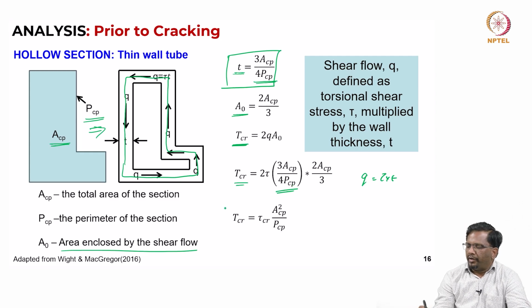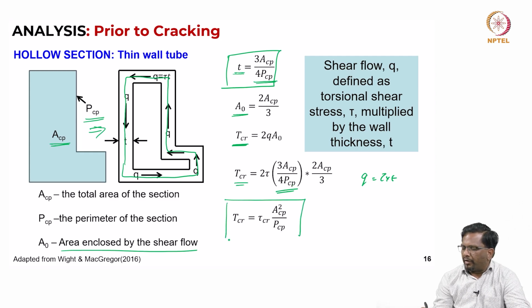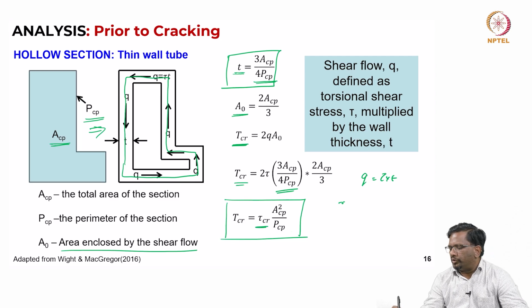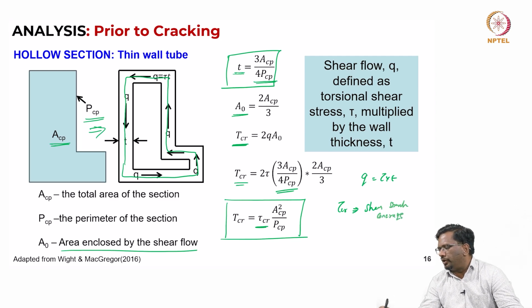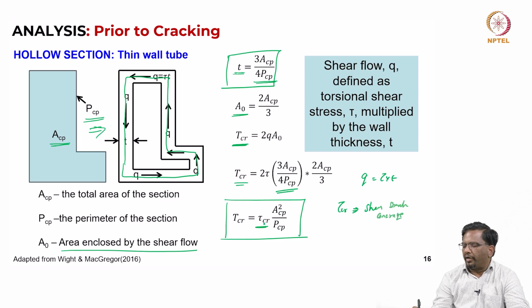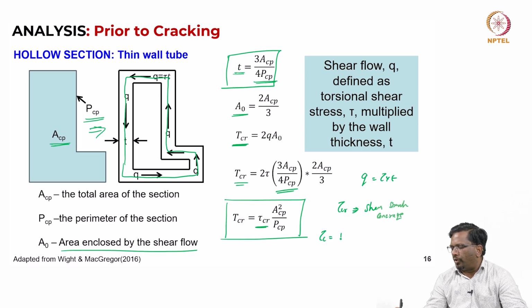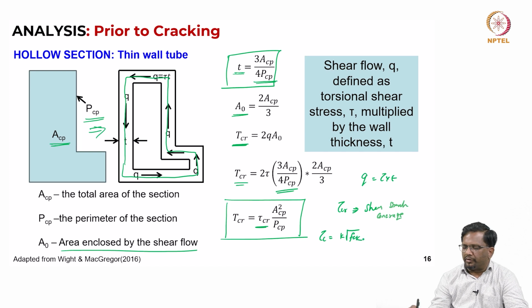So, finally, we can find cracking torque if I assume some tau CR, which is a shear strength of concrete, okay. So, if I take the shear strength of the concrete, then I can plug in that value. Typically tau CR is some constant times square root of FCK. So, if I assume that value, and if I assume the thickness for the hollow section, then I can find out the cracking torsional capacity of even a solid section.